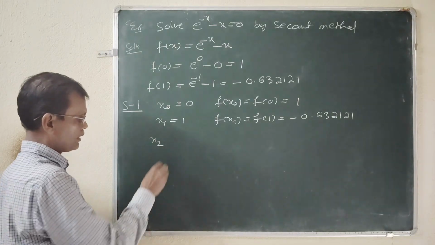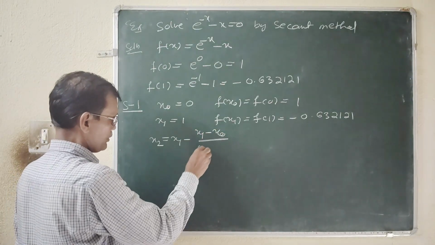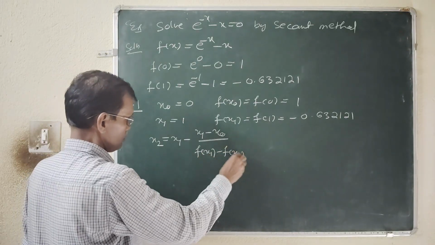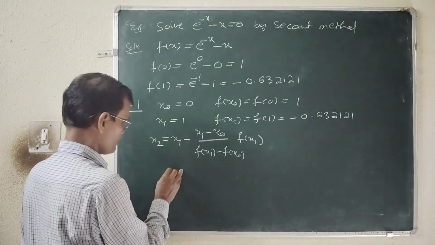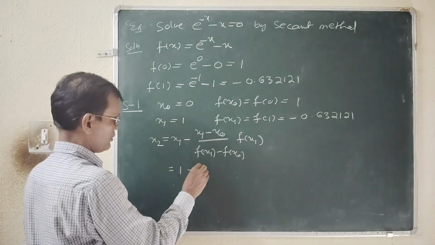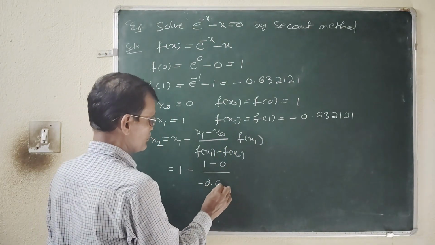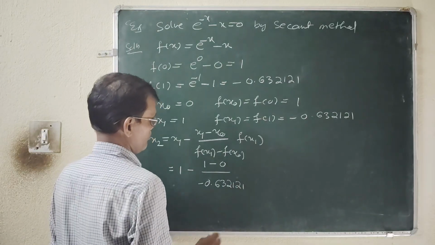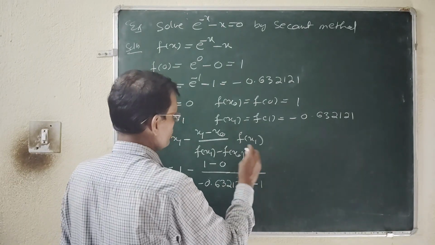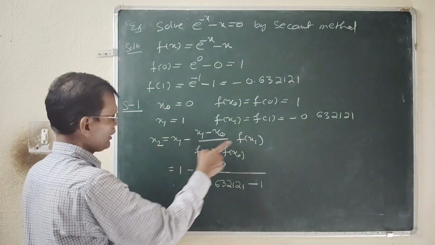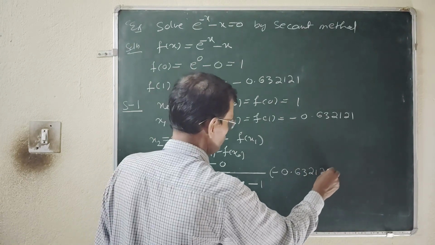So as per the formula, x2 is equal to x1 minus (x1 minus x0) divided by (f of x1 minus f of x0), into f of x1. Just put in the values: x1 is 1, minus (1 minus 0) divided by (minus 0.632121 minus 1), the whole into f of x1, which is minus 0.632121.